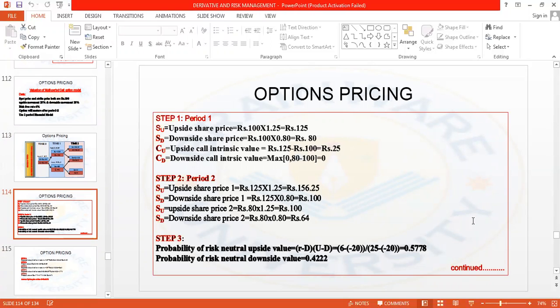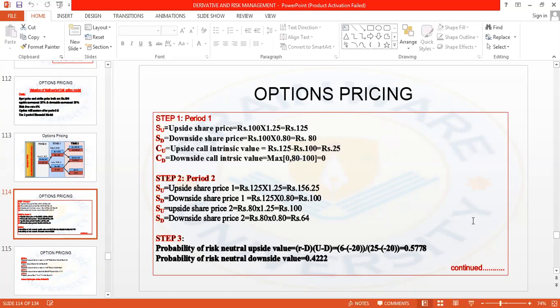Upside after period 1, it is 125. Downside after period 1 is 80. Upside intrinsic value 25. Downside intrinsic value 0. From period 1, we have moved to period 2, where upside share price is 156.25.